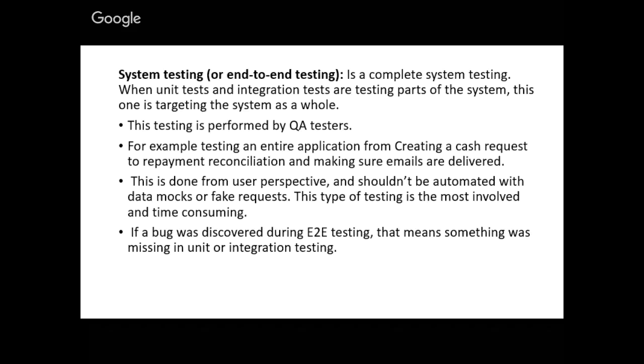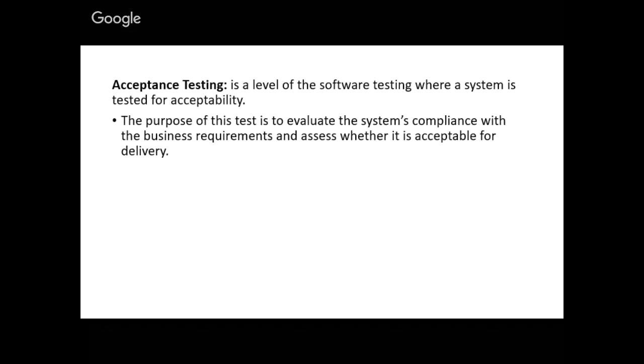So next we have acceptance test. This is a test from a quality assurance perspective and a business perspective. In this kind of test, you want to check if the solution is actually acceptable. Generally you have done the tests. Now you want to say, okay, we expect this solution to provide this function, this function, this function.